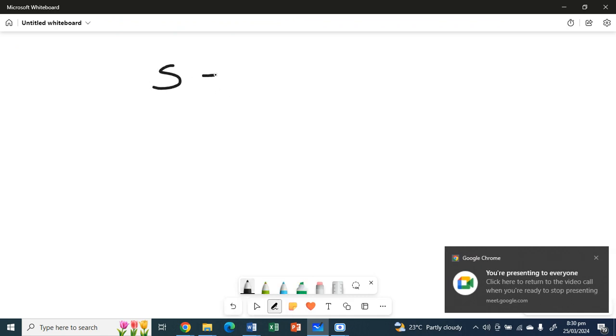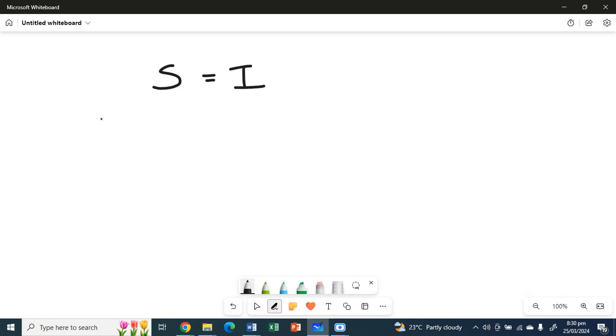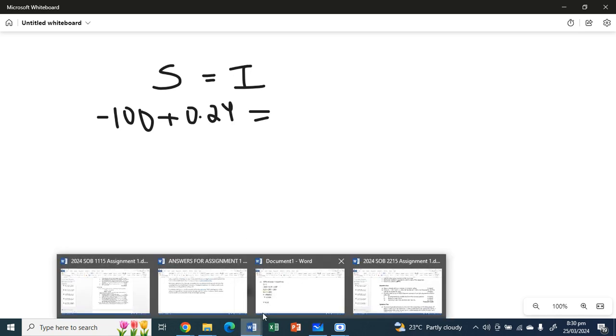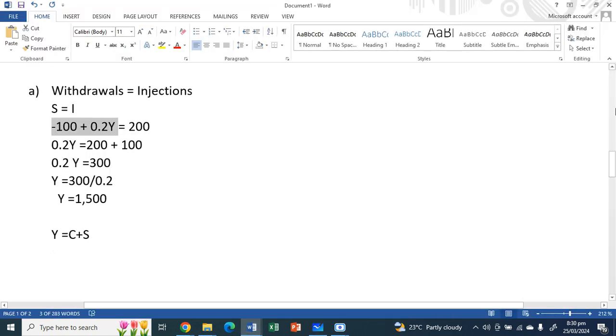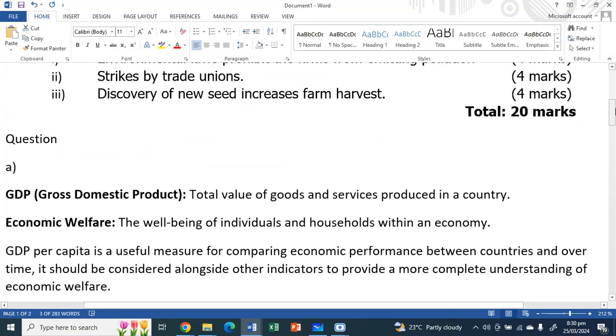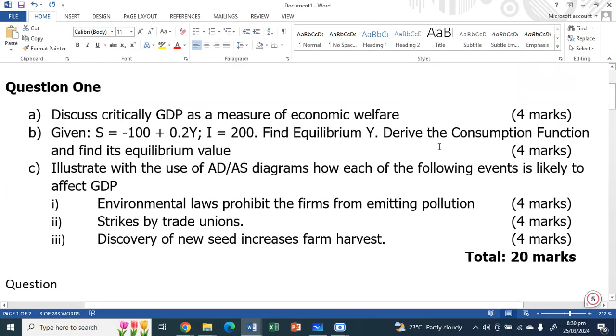So we're saying savings equals injections. From the question, savings was negative 100 plus 0.2y. The injections we have is investment, which is 200.